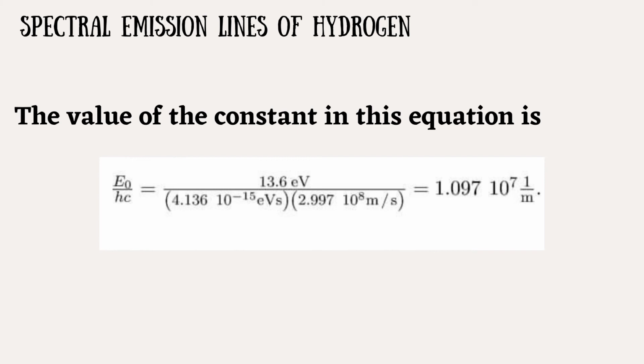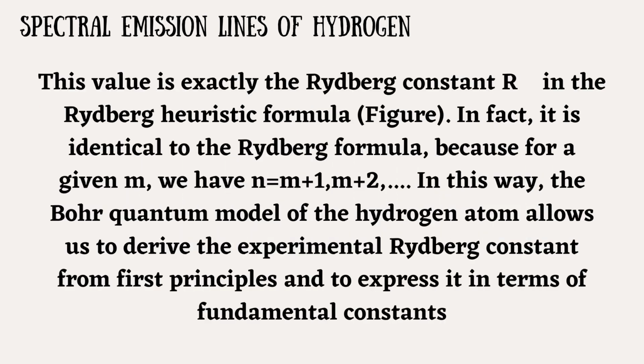The value of the constant in this equation is E_0 over hc, which equals 13.6 eV over 4.136 times 10 to the negative 15 eV seconds times 2.997 times 10 to the 8 meters per second, which equals 1.097 times 10 to the 7 per meter. This value is exactly the Rydberg constant R_H in the Rydberg heuristic formula.